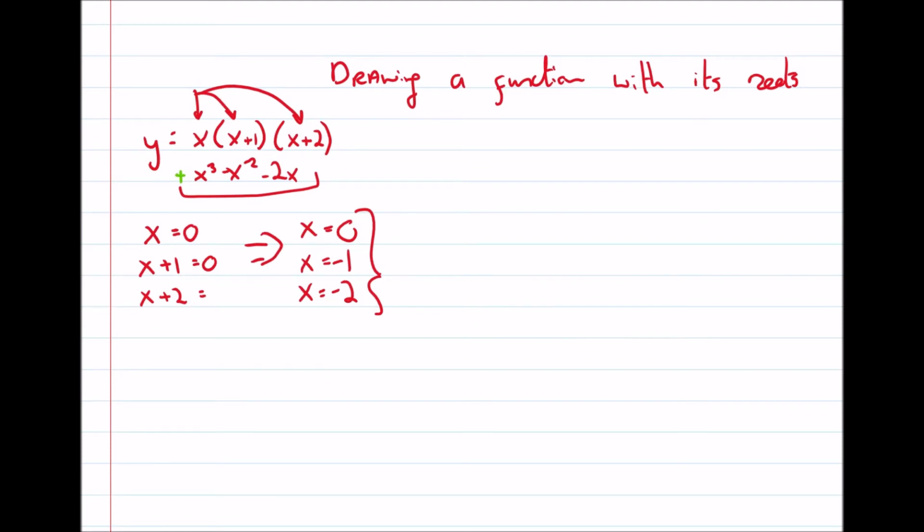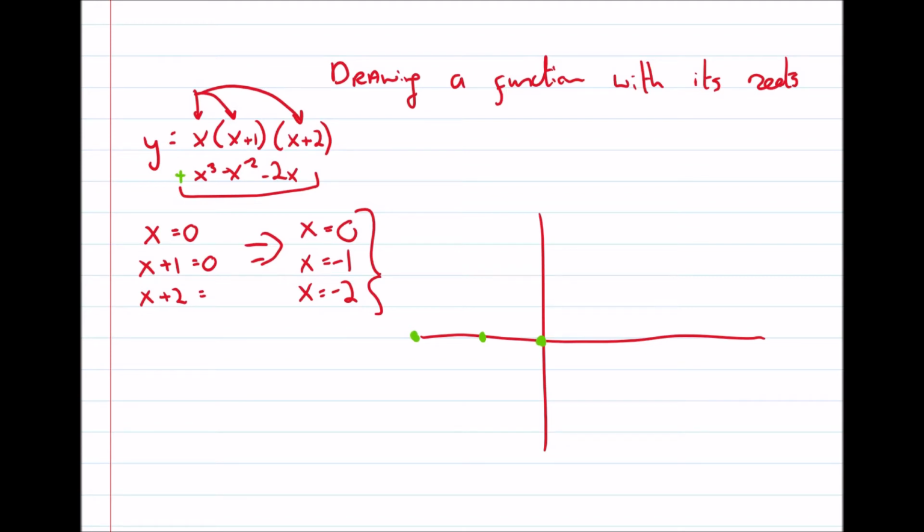There's a plus here, so I know it's going to be that shape. So I'm going to sketch that. I know it's going to hit at x is 0 here, x is minus 1 here, and x is minus 2 here. Actually, sorry, let's change this.